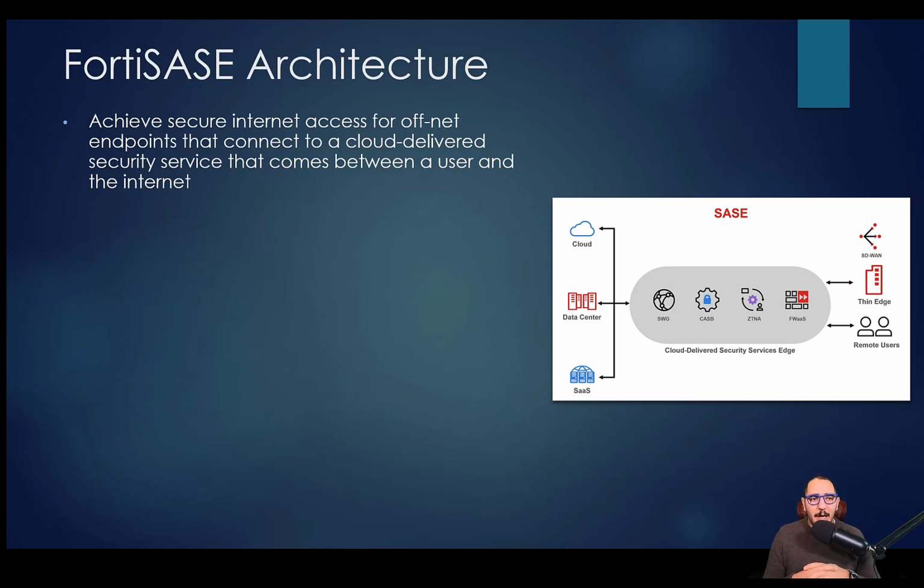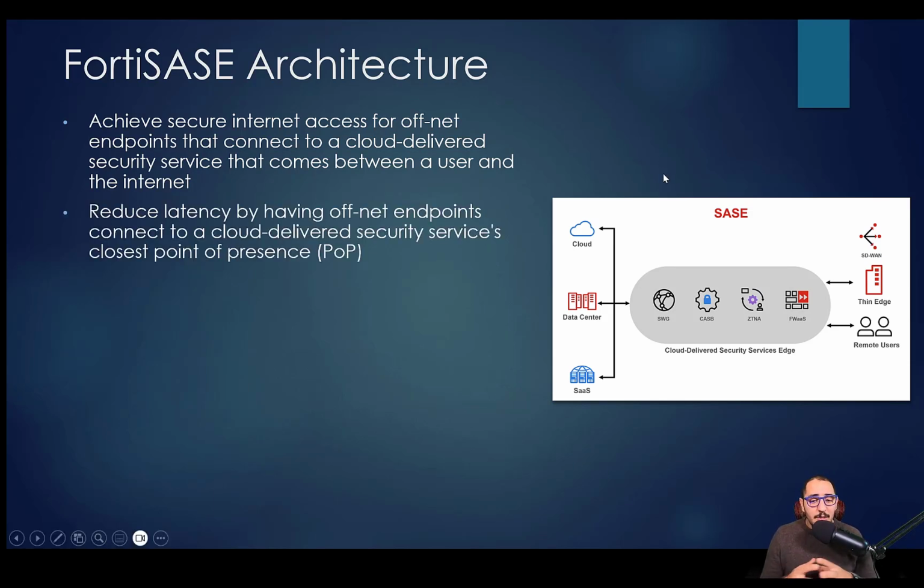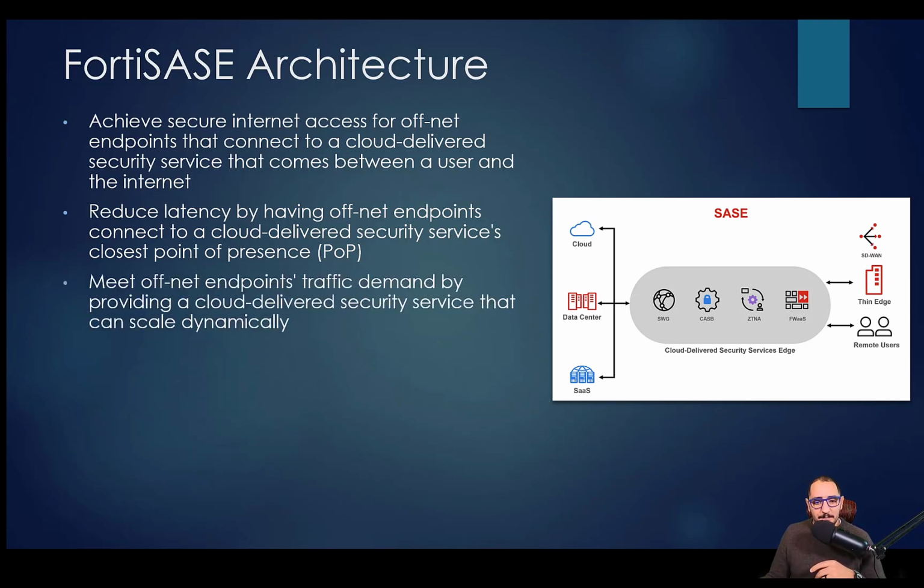Another thing, SASE reduces the latency by allowing the remote users to connect to the closest point of presence. FortiSASE is deployed across the globe, so wherever you are located, you would be able to connect to the closest point of presence.